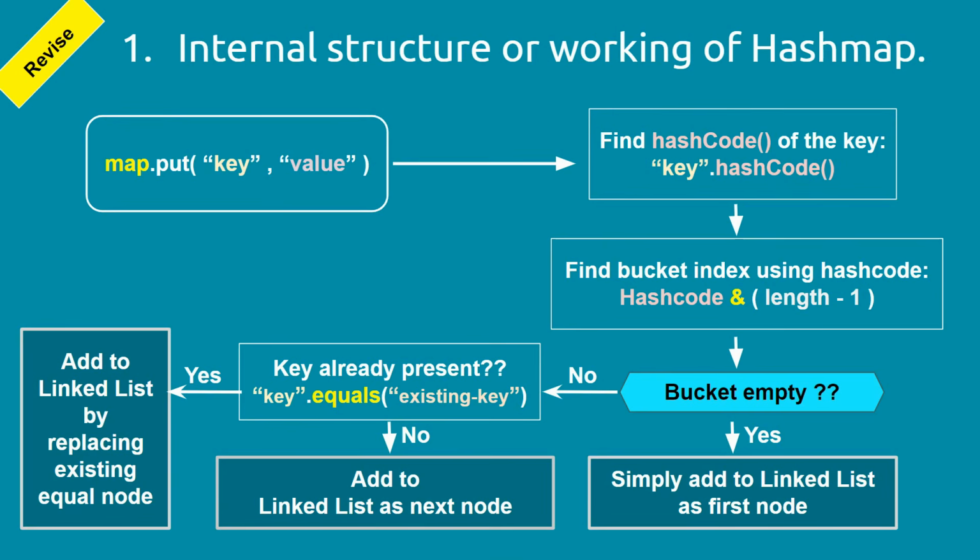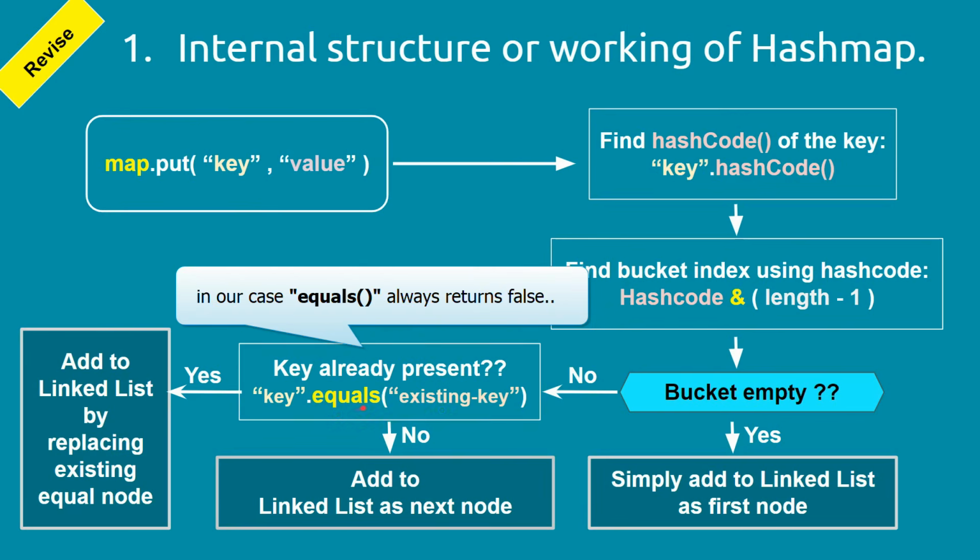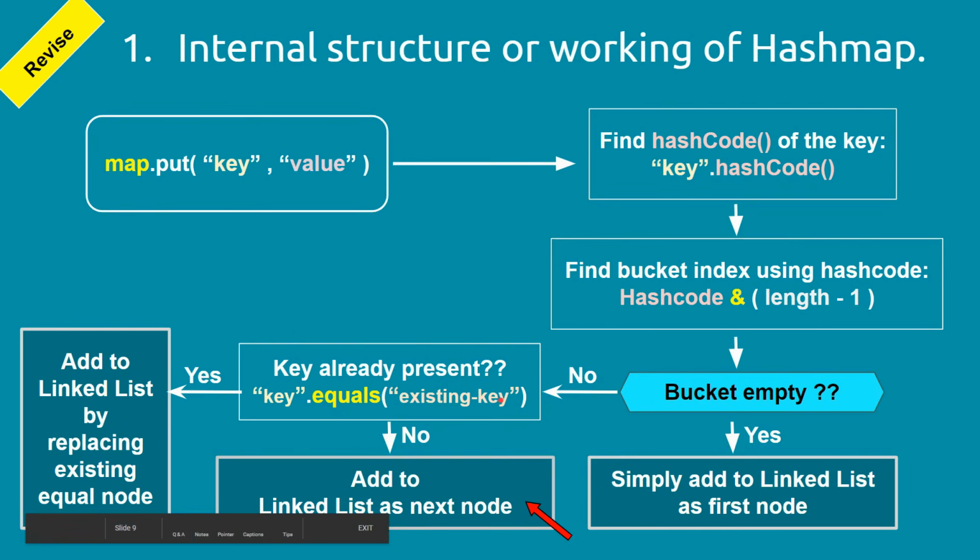If the bucket is empty, simply add the key-value pair as the first node of the linked list. If the bucket is not empty, it is a hash collision, and in that case the JVM will check whether the key already exists or not using the equals method. And here, the equals method is always returning false, right? So it will always add to the linked list as a next node.